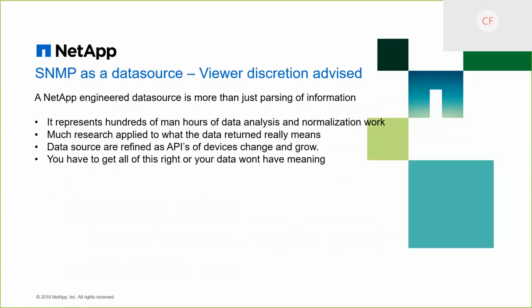And what I mean by that is when we build a data source, we look at the device, we determine what's the best way to get information from it. Maybe it's a CLI, maybe it's an API, who knows.